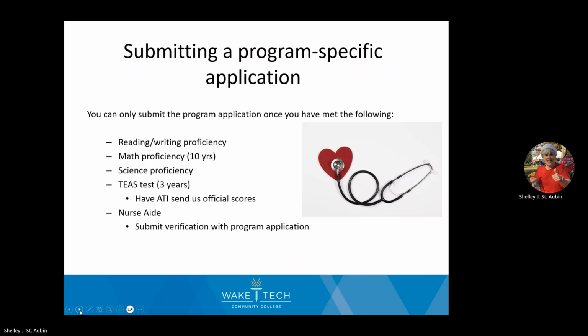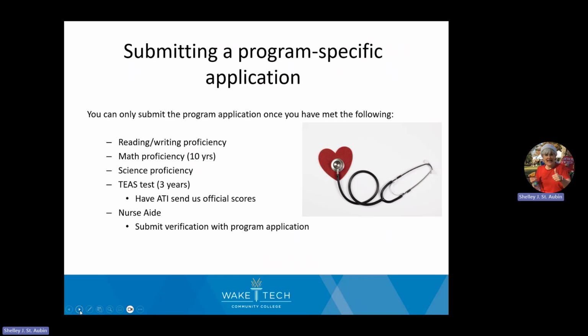So you're ready to be ranked. You want to be considered for the radiography program. You can submit that program-specific application once you've met that reading and writing proficiency, which again is probably completion of English 111. You've got your math proficiency within the past 10 years, which will probably be math 110 or higher.